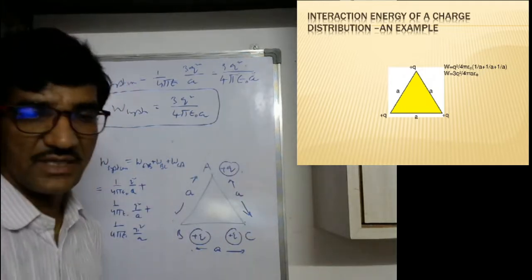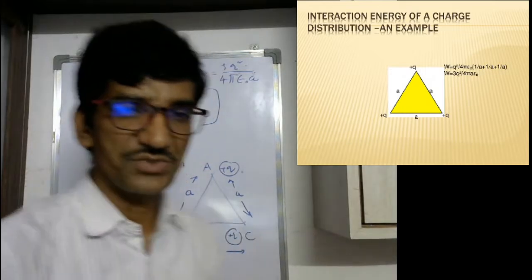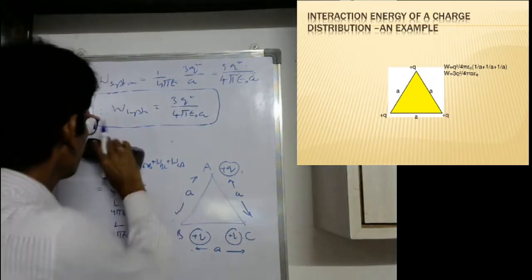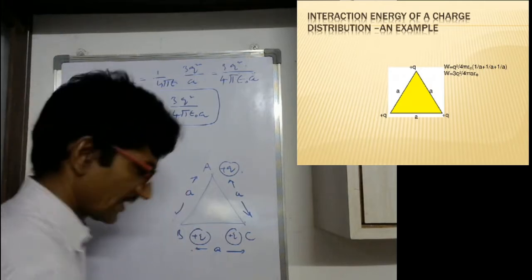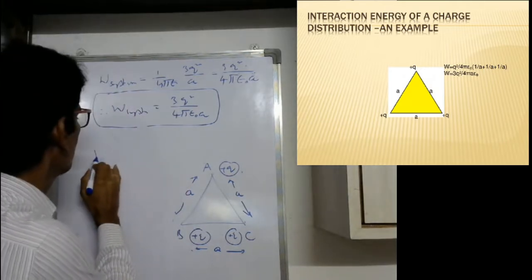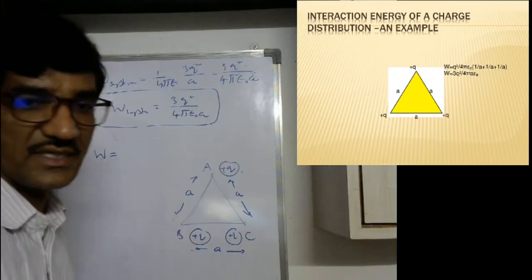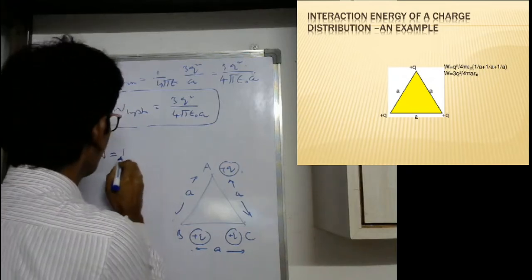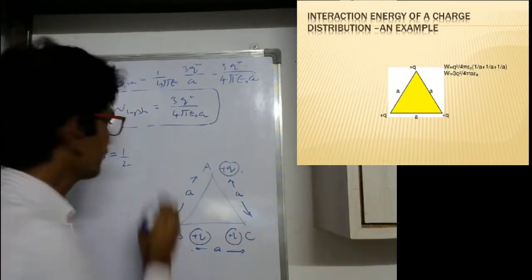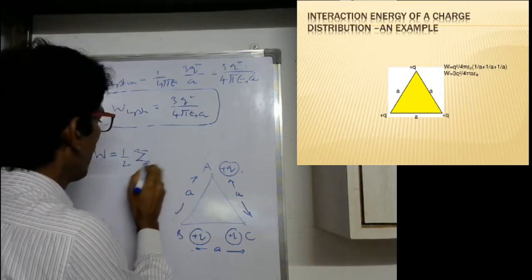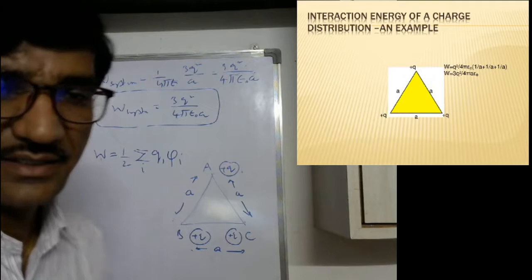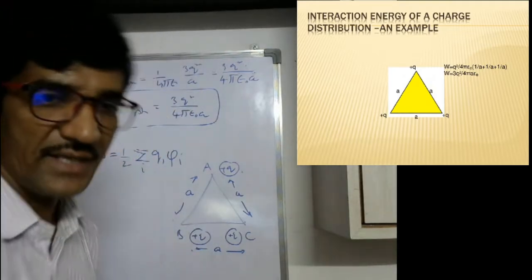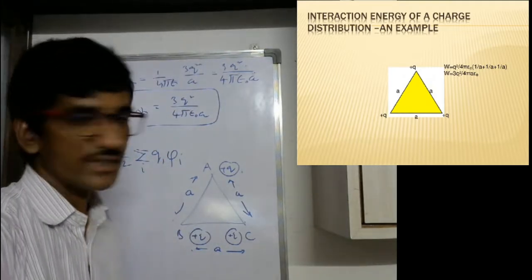This can be calculated by using the direct formula also. Okay, what is that formula? Let us see that also. What is the formula for the interaction energy? Straightforward formula: half of summation over i of Qi phi i.